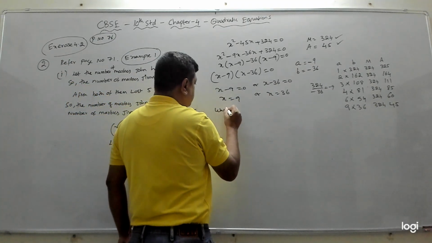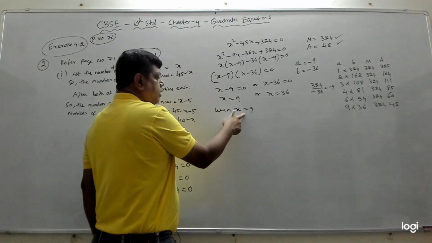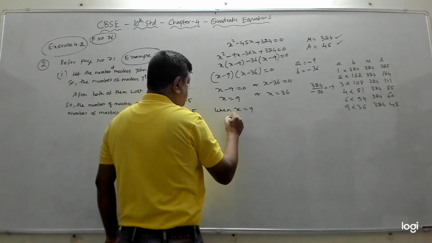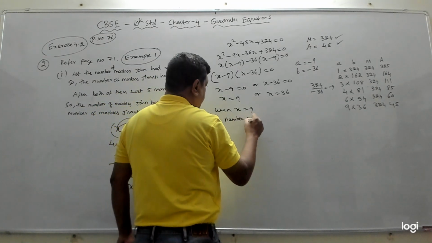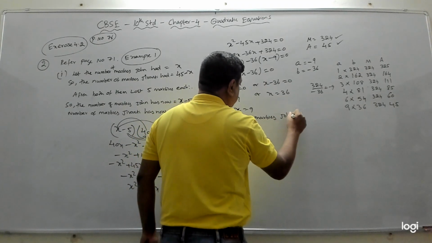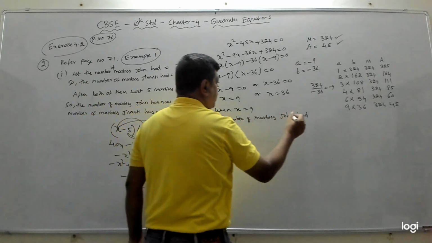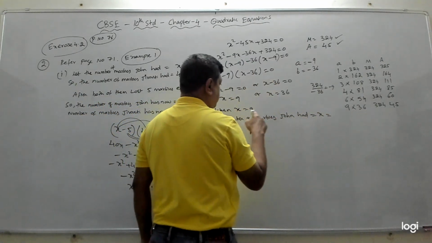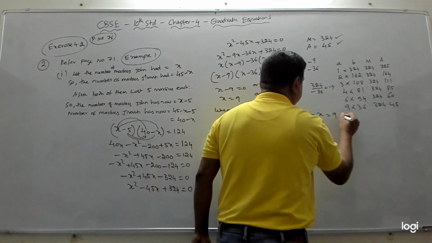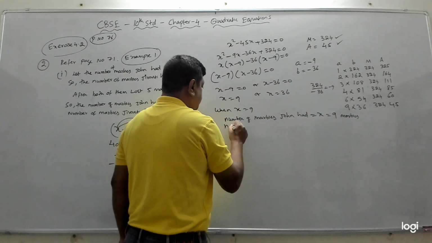Now when x is 9, the number of marbles John had initially was how much? x. John had x, and x is equal to what? 9. So 9 marbles. Then the number of marbles Jivanti had is how much?